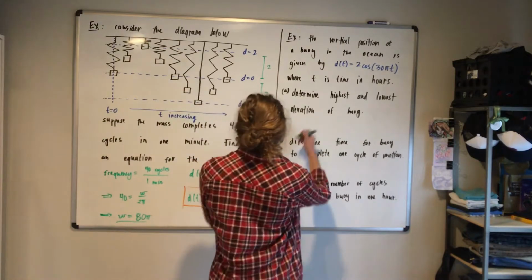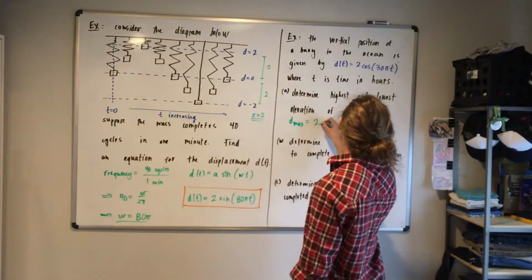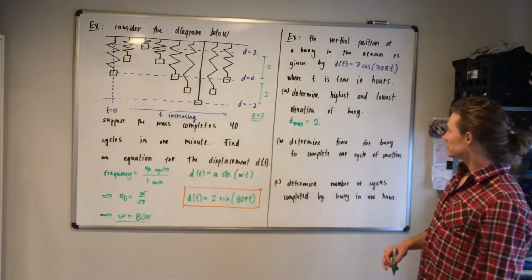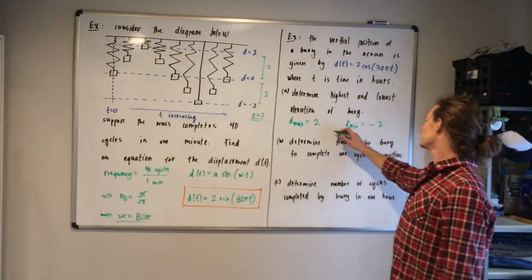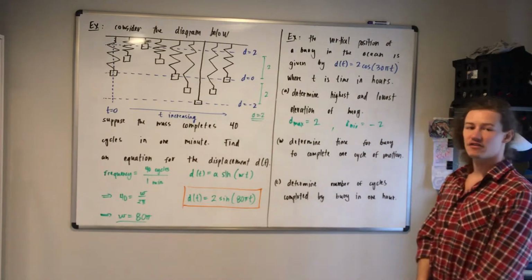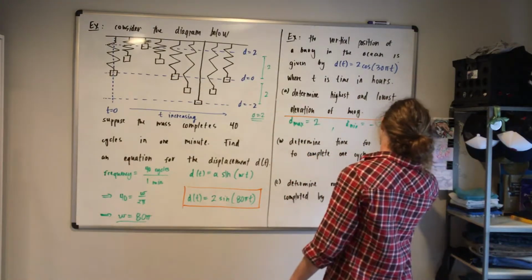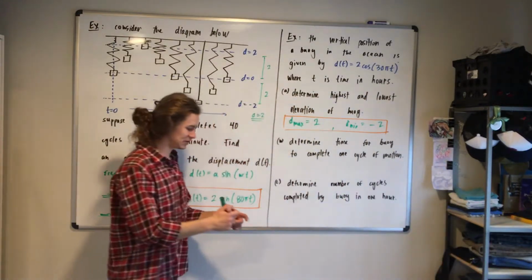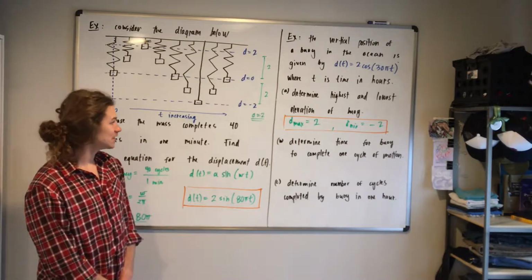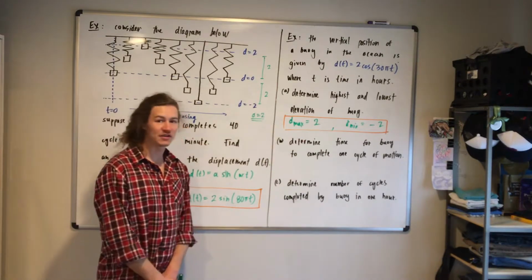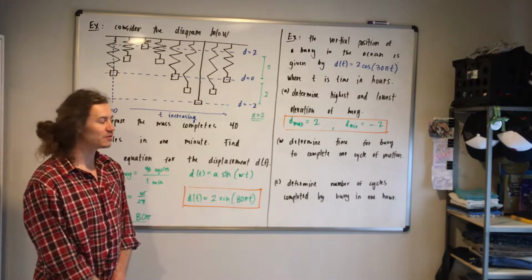For any of these reasons, we could say that d max would be equal to 2, whatever we're measuring our distance units in, and d min, or the displacement in a negative direction, would be -2. And we find our solutions for the highest and the lowest elevations the buoy achieves. So say d of t was measured in meters, we would have 2 meters above sea level or 2 meters below sea level as the highest and lowest elevations achieved by the buoy.